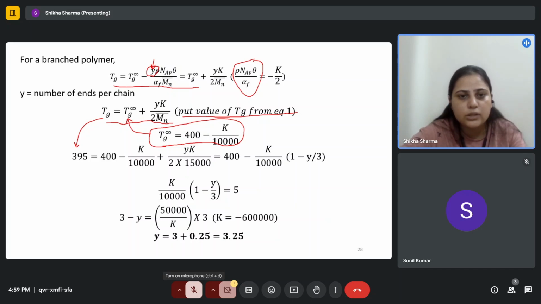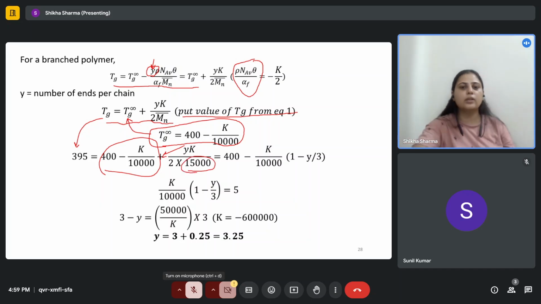Tg infinity value is equal to 400 minus k divided by 10,000 plus the second term, yk divided by 2 into its number average molecular weight, which is 15,000. So when we solve, we get 400 minus k by 10,000 multiplied by 1 minus y by 3.